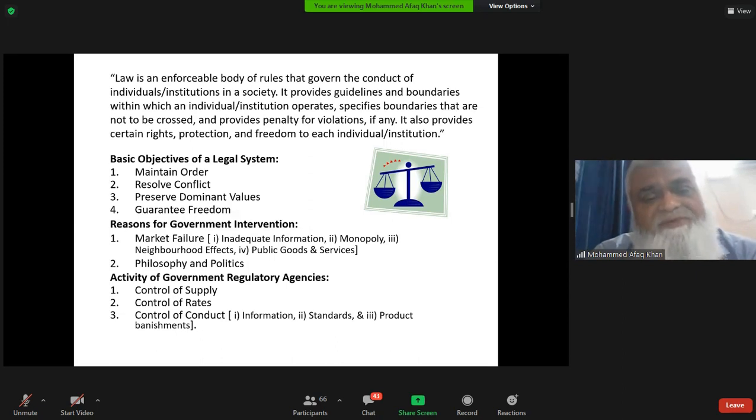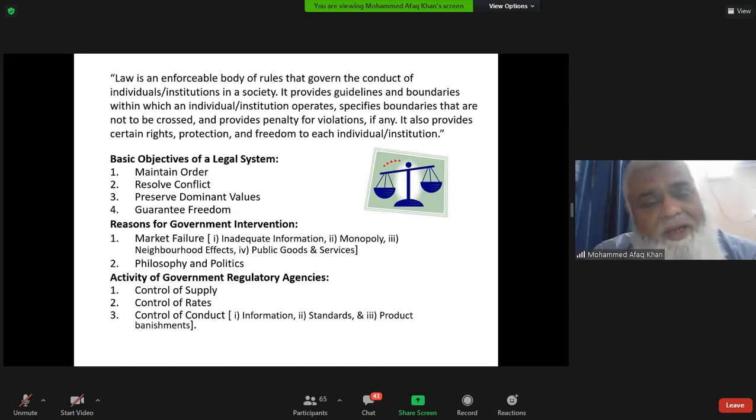So whether it's freedom of expression, that freedom of expression should not harm the sentiments of a particular community, for example. Or freedom of movement, but you cannot trespass on the premises of somebody else. Although the law guarantees freedom, you can walk on the road freely, but you cannot trespass.